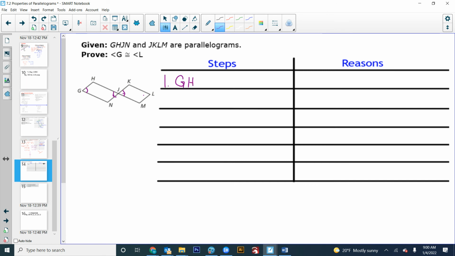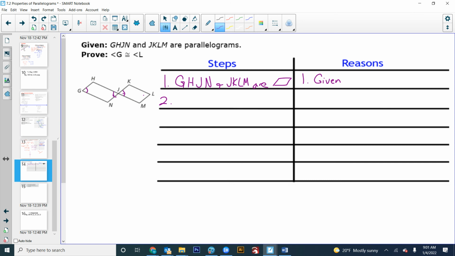So GHJN and JKLM are parallelograms. Good. I would be tempted here to put, just to save some writing, I know you guys want to save writing anytime possible, I would be tempted to put both sets of opposite angles on the same line and use the opposite angles theorem for just that one line and have two sets there.